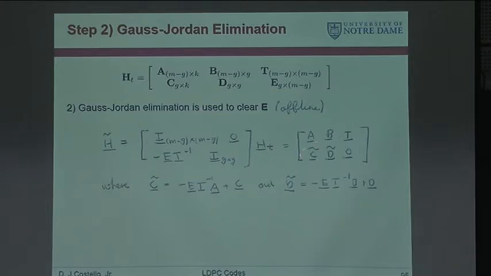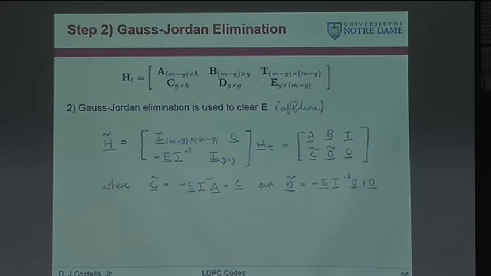Okay, what is that going to give us down here? Well, it's going to give us E T inverse times A plus C. Okay, and that's indicated here as C tilde. And then for these columns, it's going to give us E T inverse times B plus D. And that's indicated here, E T inverse B plus D. And that goes here, we call it D tilde.